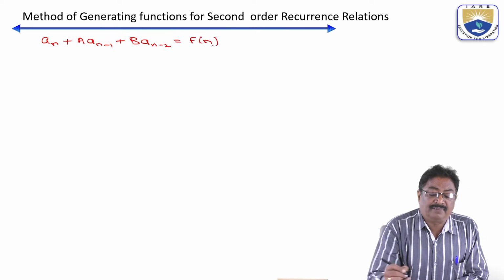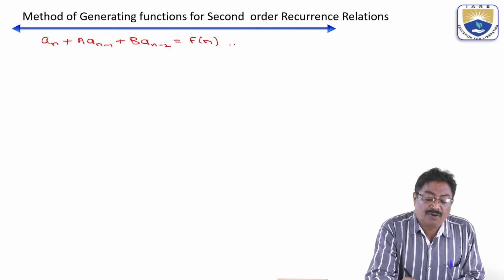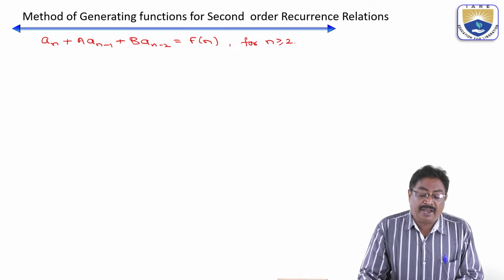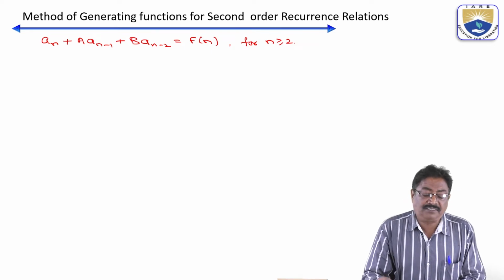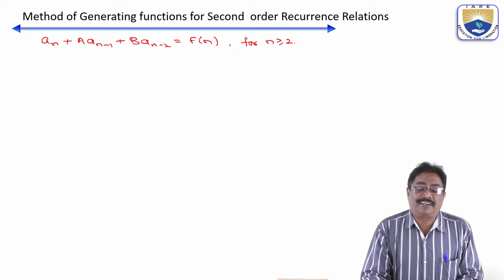for n greater than or equal to 2, and here a and b are constants. So which is the second order recurrence relation.